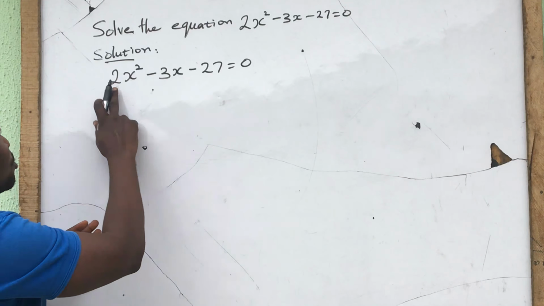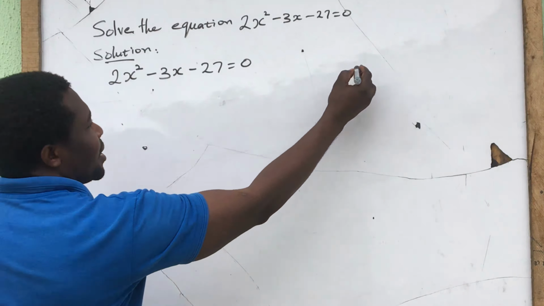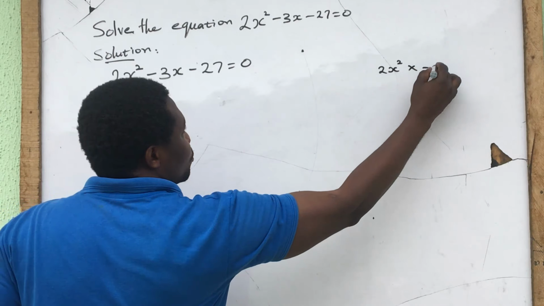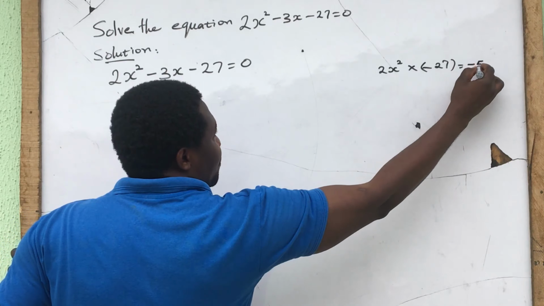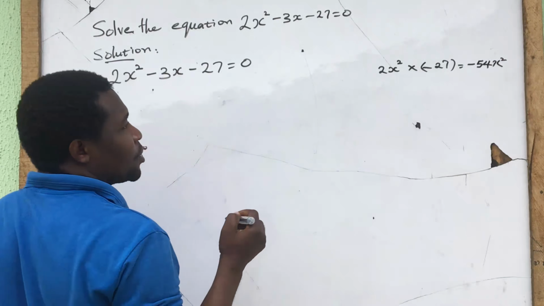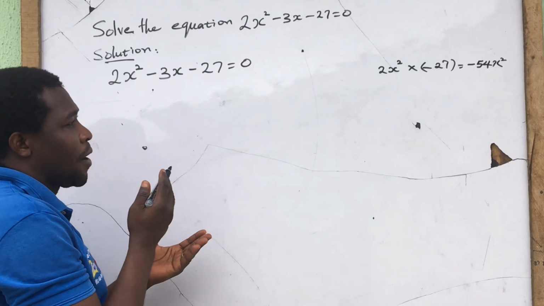So we need to multiply the first term and the last term here. That is 2x squared times minus 27. Look at that. And this gives us minus 54x squared. So minus 54x squared is what we want to factorize now.